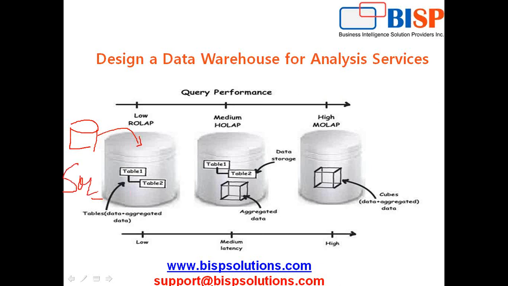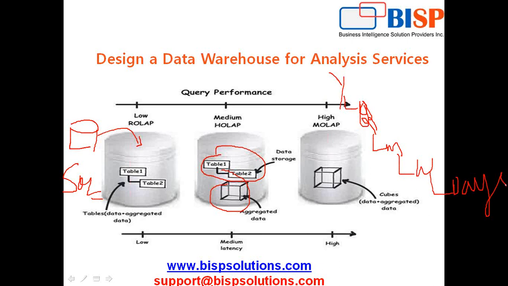The second kind of OLAP is called HOLAP, a hybrid OLAP, which is the appropriate combination of relational database and multidimensional database. For example, your hierarchy is like this: year, quarter, month, weeks and days. This is my hierarchy. The more granular data I store, the slower my query is.